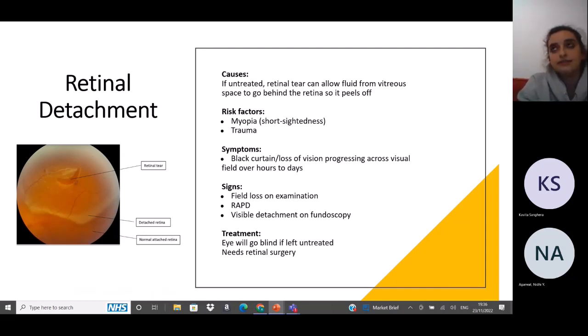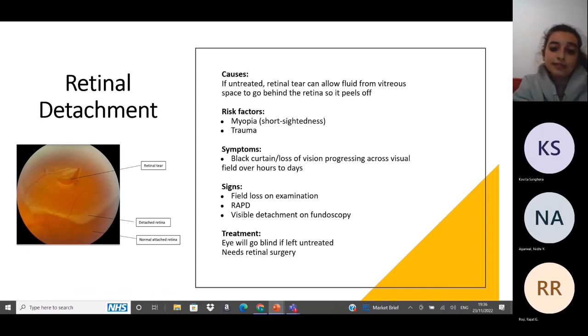It can be any direction, and it's all a bit confusing with the eye, because if you think about where the light rays come in, if you have a detachment at the bottom, that's actually going to be affecting your upper field of vision because of the way the light rays come into the eye. So I always used to think of this as a curtain coming down, but it can be any direction. And some people don't report that symptom anyway and just have a sudden loss of vision.